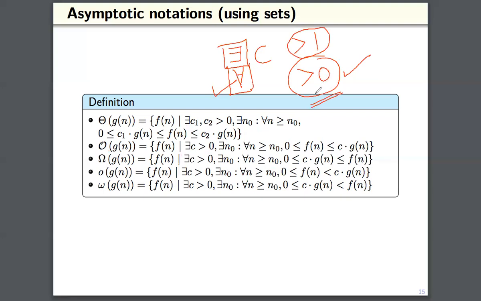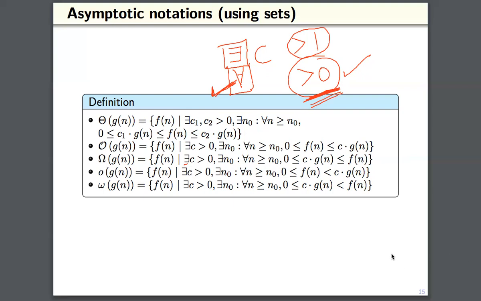I don't see a problem here, but we will check if there are any corner cases, right? But yes, I think it should be for all. So this was the mistake. There exists, right? Okay, very good. So please email me about this bug. Thank you so much. Very good.